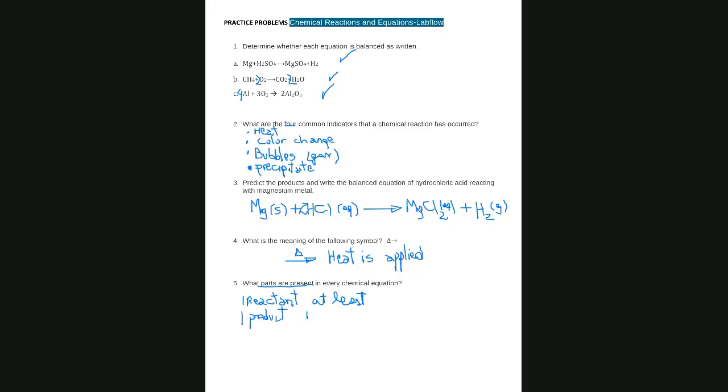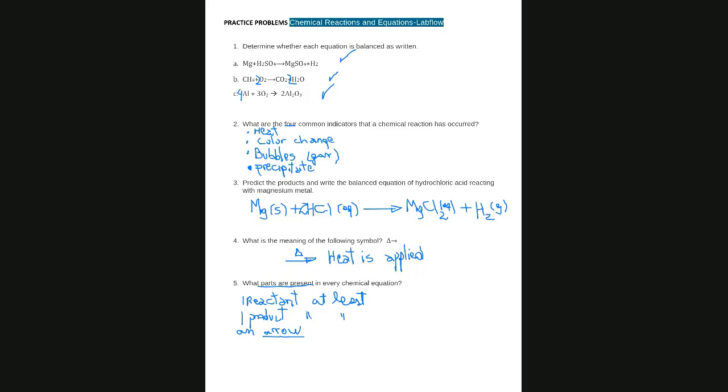And then you are going to need an arrow. Is an arrow present in each chemical equation? The arrows are always present in a chemical equation. Yes. Every time you have a chemical equation, the arrow separates the reactant from the product.